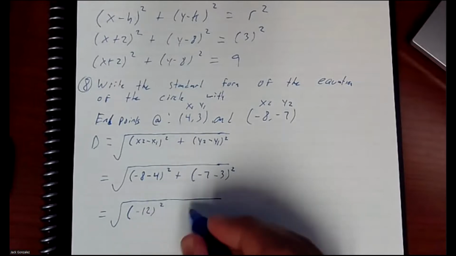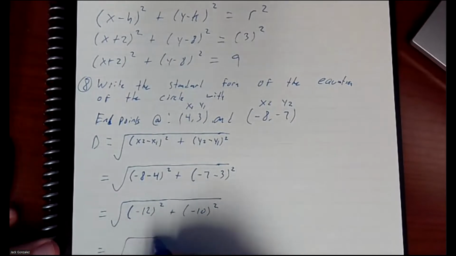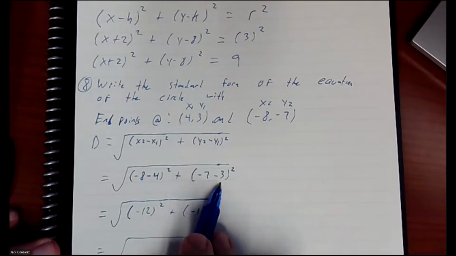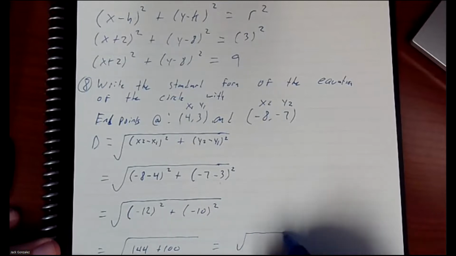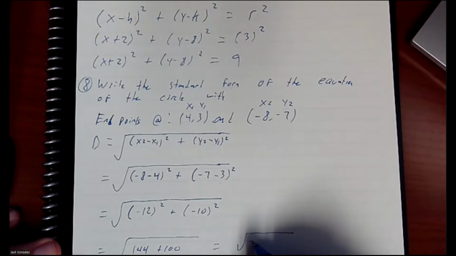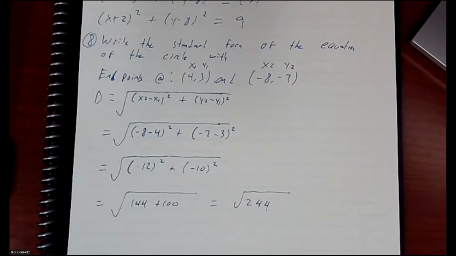Okay, 12. But yeah, that's a good idea. That'd be 144 plus 100, right? -7. Okay, so that'll be my distance, r.